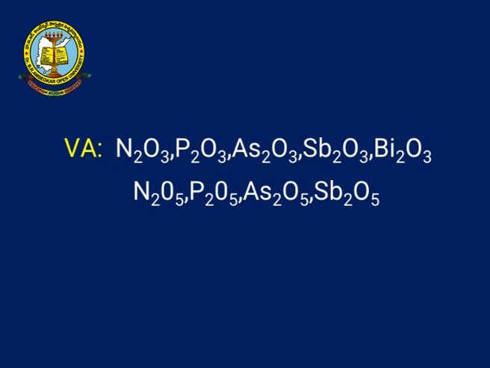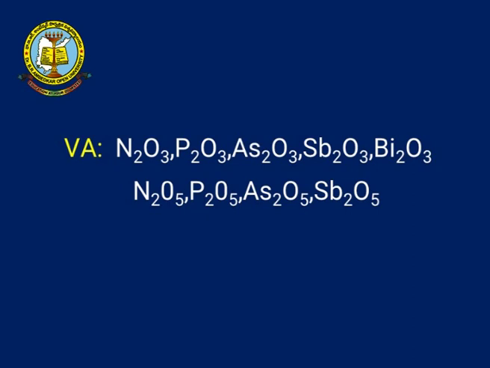M2O3 is called trioxide and M2O5 is called pentoxide. N2O3, P2O3, arsenic As2O3, Sb2O3, like this. And the pentoxide's general formula is M2O5, for example N2O5 and P2O5, As2O5, like this, right.